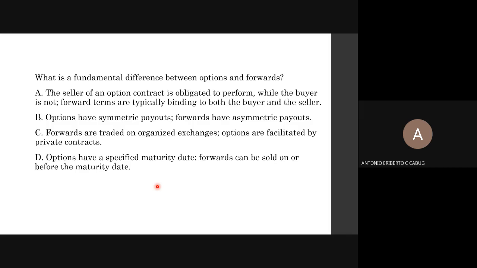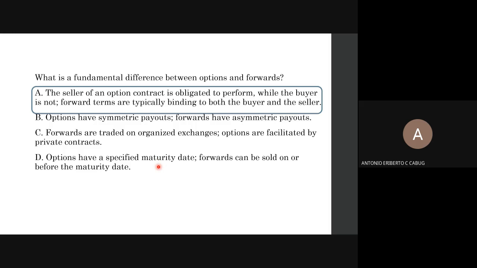Game? Everyone please answer. What is a fundamental difference between options and forwards? Paki-answer lahat. What's the fundamental difference between the two?